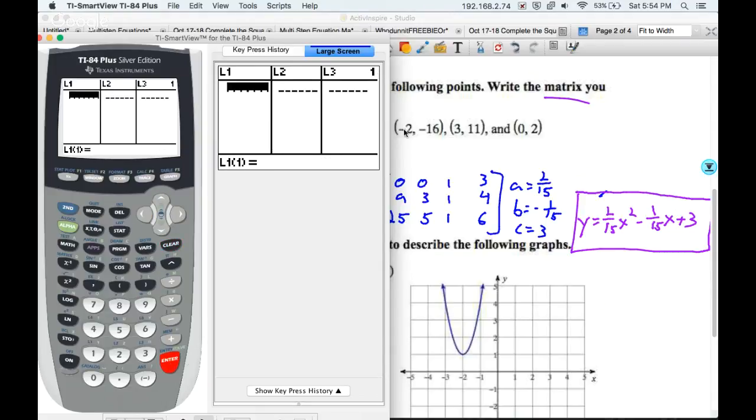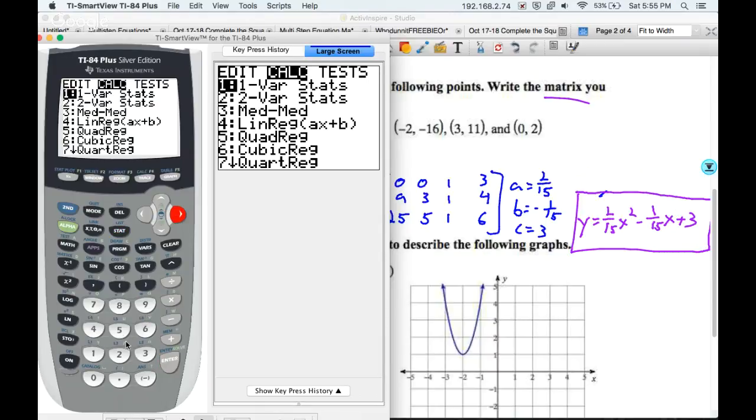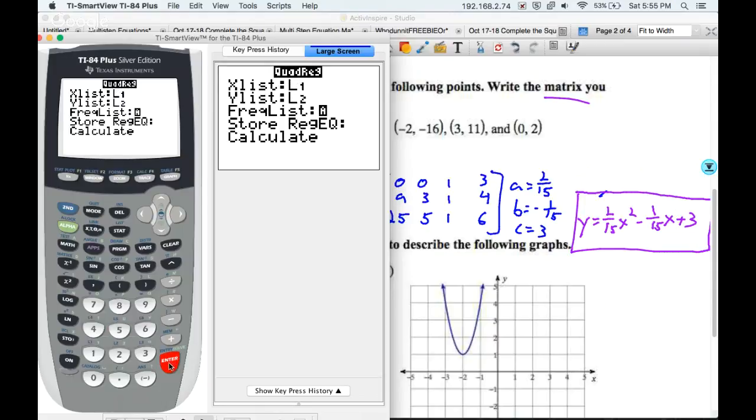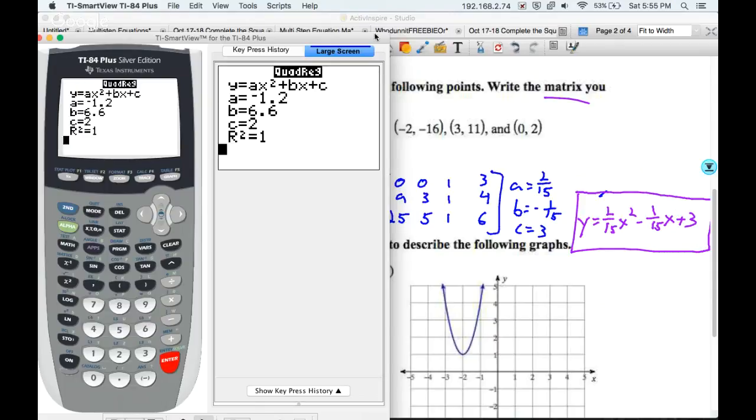And then I'm just going to enter my x data for list 1: -2, 3, 0, and y data into list 2: -16, 11, 2. Then I'm going to go stat, over to calculate, number 5 for quadratic regression, hit enter a bunch of times, and it's as easy as that. You can see it's almost cheating, it's so quick.